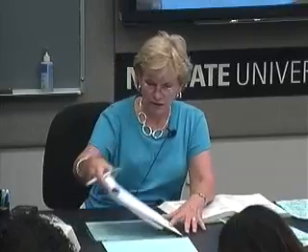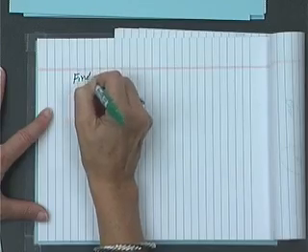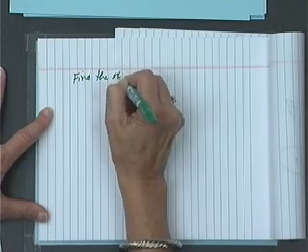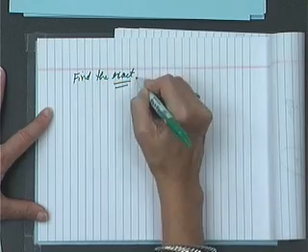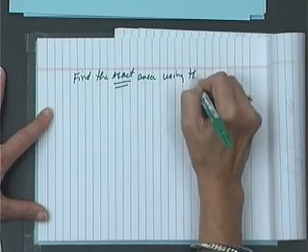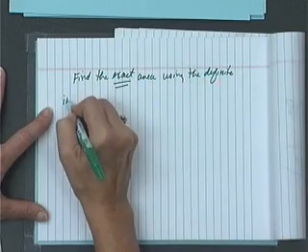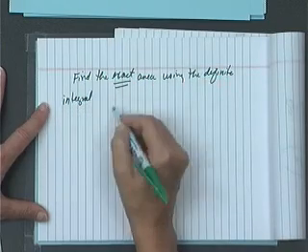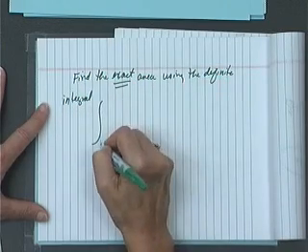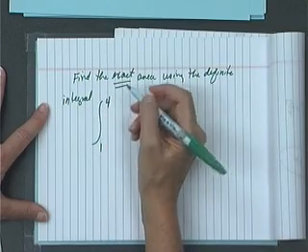So using integration, since we know how, we can find the exact area using the definite integral. So we would integrate from 1 to 4, right?